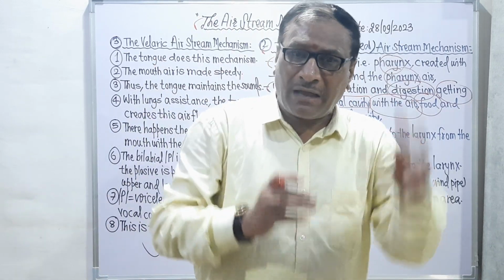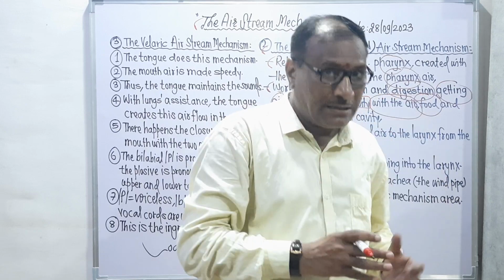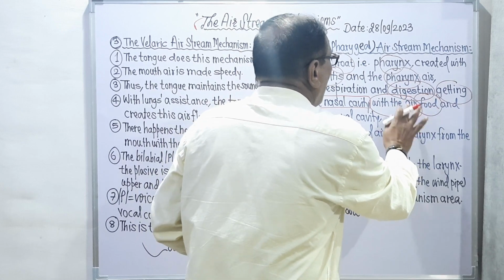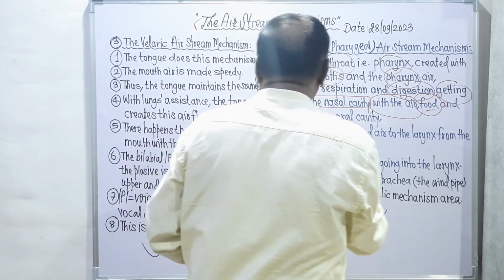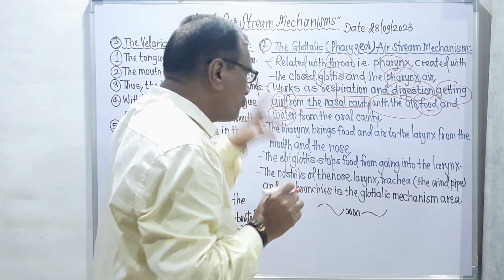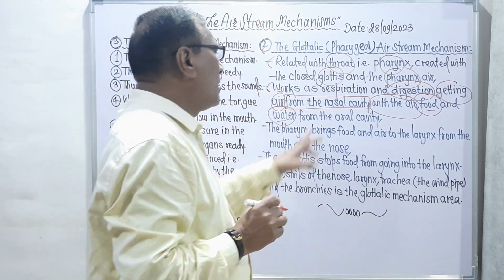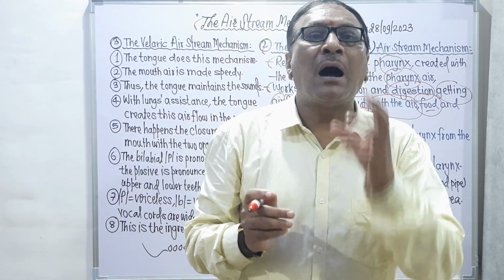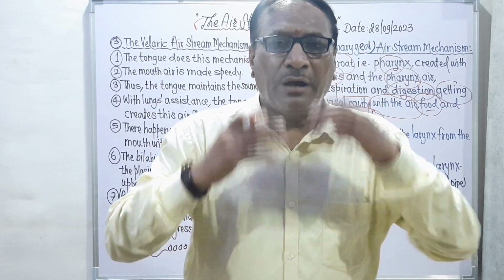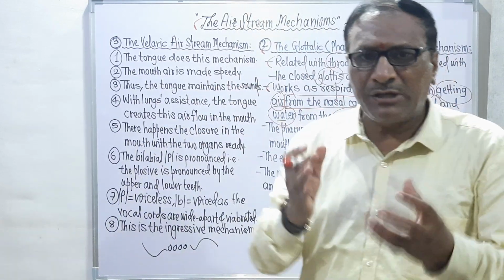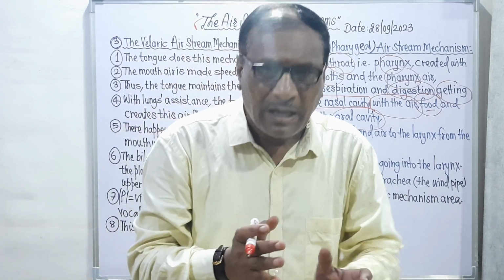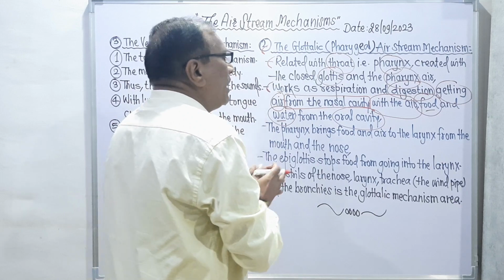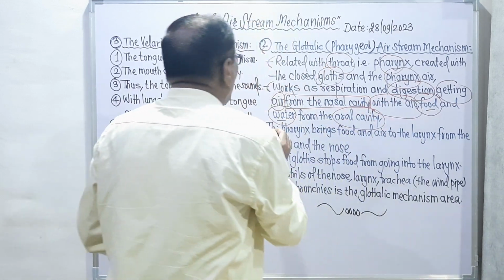Means, my point is that there is the air, there is the food, there is the water, and these things are available there from the oral cavity. Oral cavity means our mouth. The area, the section which is available in the mouth is called the oral cavity, and from this oral cavity these things are available there.